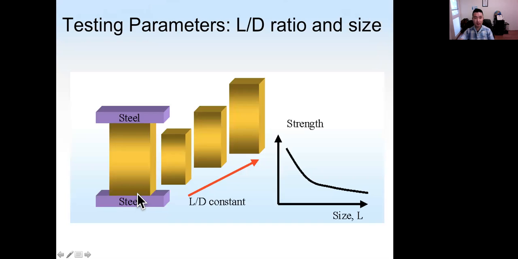Then let's look at the geometry, such as the length to diameter ratio, and also the size of the specimen, and how these factors affect the strength. If we keep the geometry, the L to D ratio, constant and increase the size, the strength will be lower.